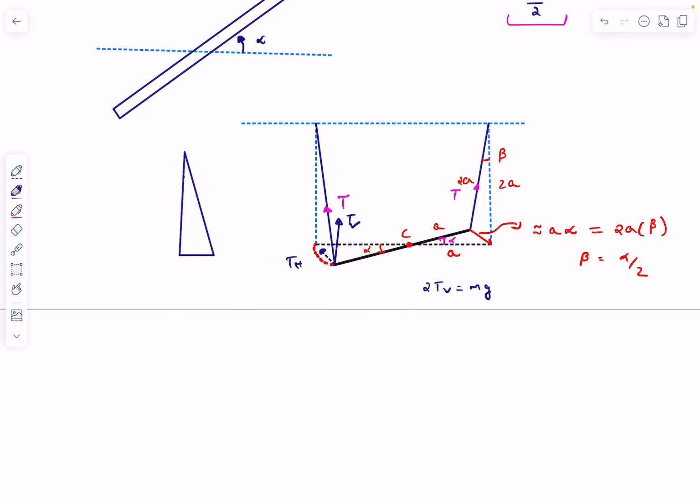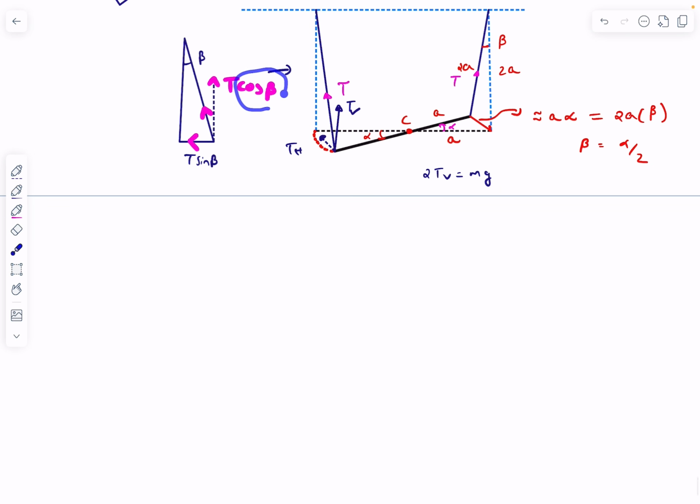Basically, if this angle is beta, I'm drawing a side view of the string. The tension is along this direction. The component of tension in the horizontal plane, from this diagram, we can see is T sine beta, and the component in the vertical plane is T cos beta. Now we can once again use the small angle approximation.